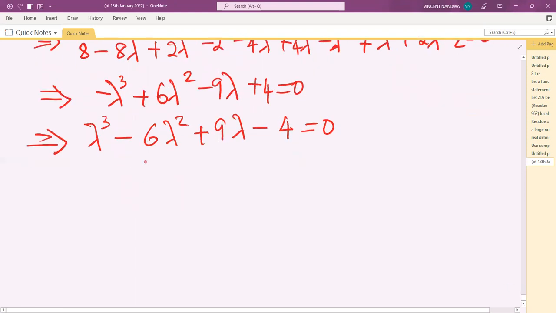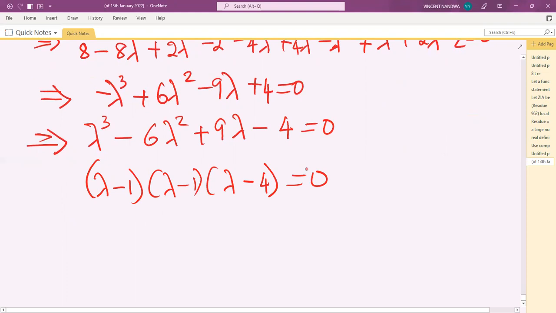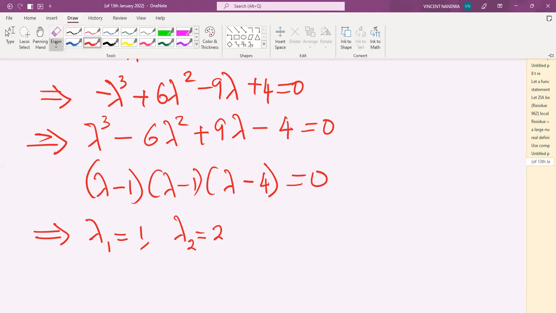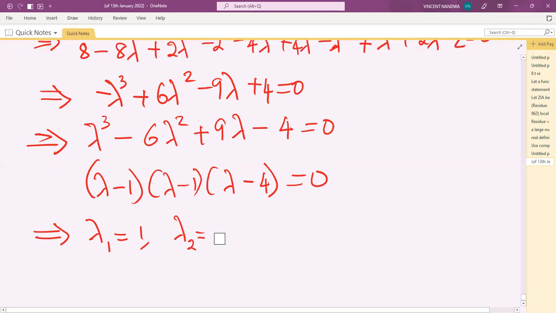Now this is factorized into (lambda minus 1)(lambda minus 1)(lambda minus 4) equals 0, which implies that lambda 1 is equal to 1, lambda 2 is equal to 1. 1 is a repeated root, and then lambda 3 is 4.